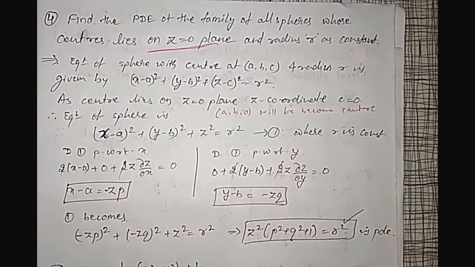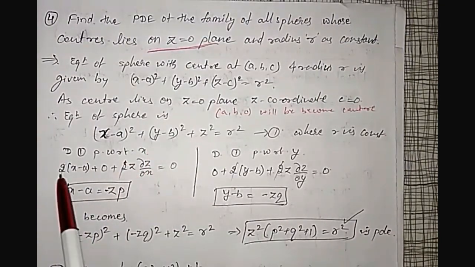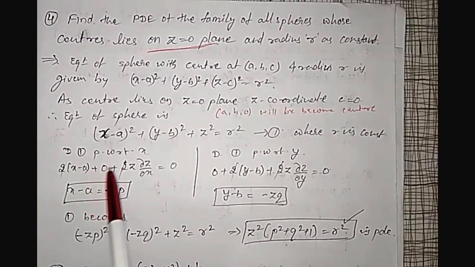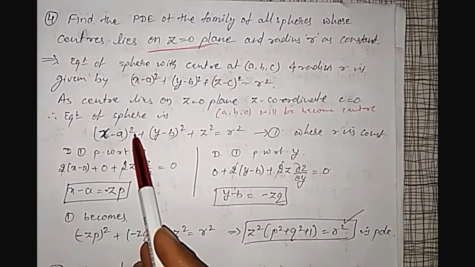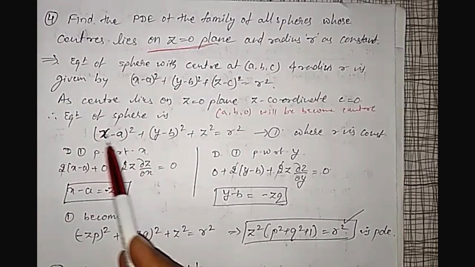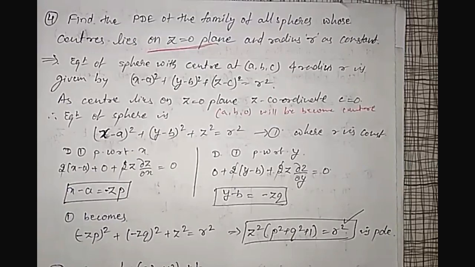But to form the partial differential equation for this equation of sphere, let us differentiate partially with respect to x and y respectively. If we differentiate partially with respect to x, for x minus a the whole square, by using chain rule, 2 times x minus a into differentiation of x minus a, which will become 1.